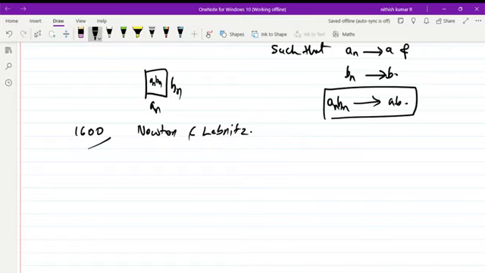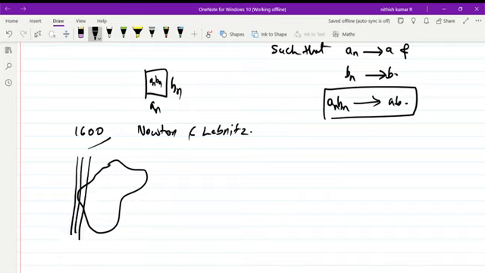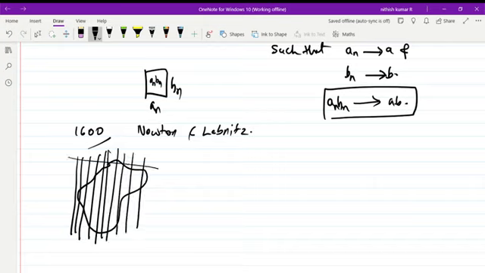Okay, now let's see. If I have this region, how do we find its area? Divide this region into equal segments by horizontal and vertical lines.